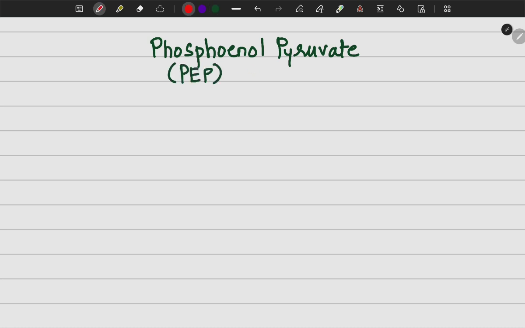This is a 3-carbon compound. This will accept carbon dioxide from the atmosphere, and it forms the first stable product, which is oxaloacetic acid.